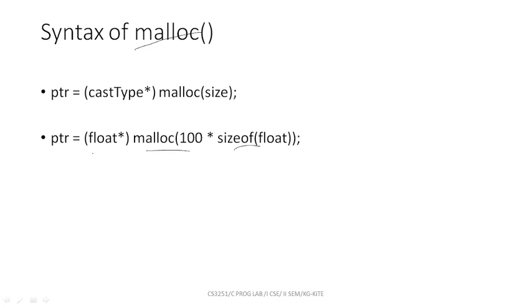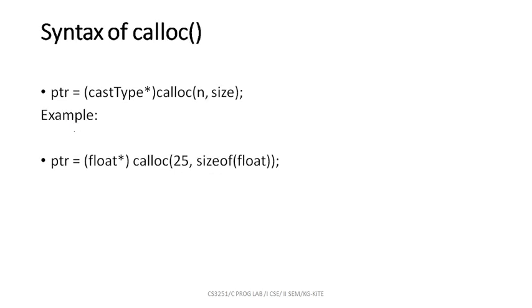Then this memory should be used to store the float type, and hence it has been cast to float, and whatever address is returned by the malloc function is stored in the pointer variable called ptr. So that's all about the malloc function.